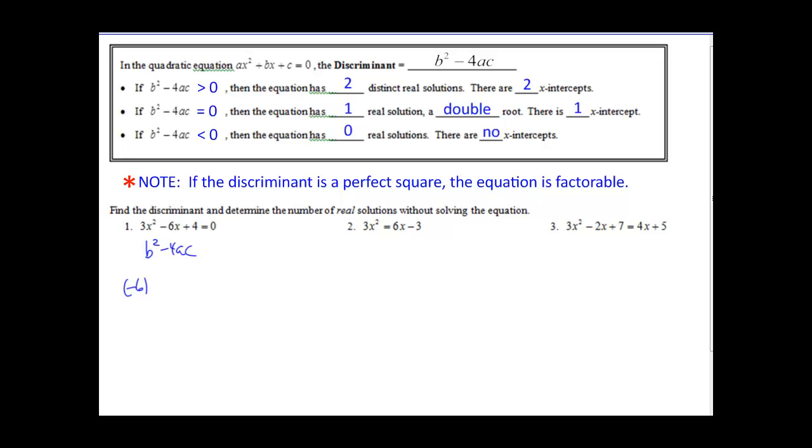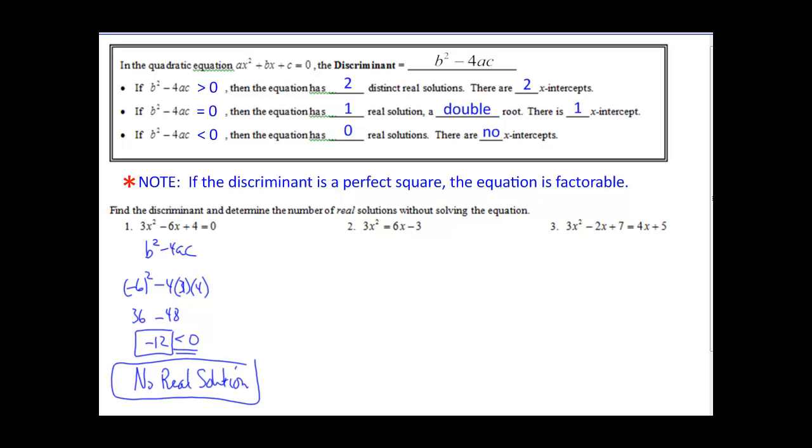Negative 6 squared minus 4 times 3 times 4 is going to give us 36 minus 48, which is negative 12. That is less than 0, so we get no real solution. Go ahead, hit pause. Do number 2 and 3. I'll see you back here in a few minutes.